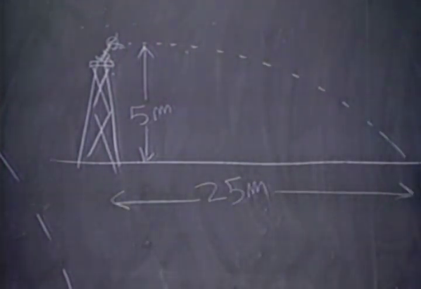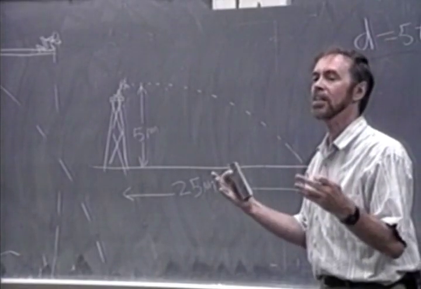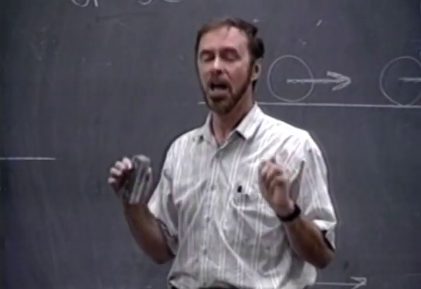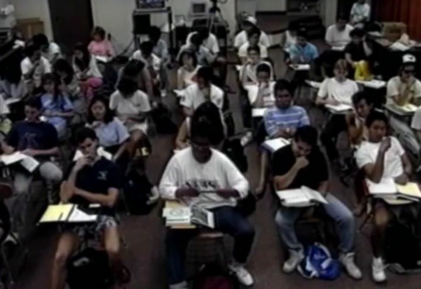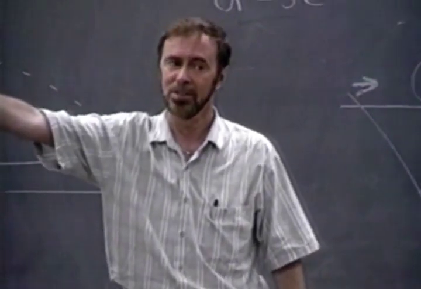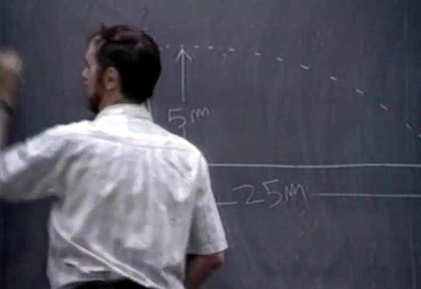Your question is this, and usually I'd give you a weekend to think about it. What is the speed of the ball to do such a thing? Think. Hint! We're throwing it sideways now. Hint! The speed of anything is the distance it goes divided by the time it takes.